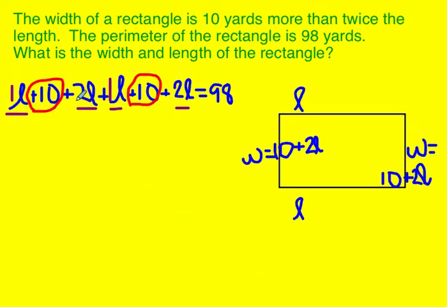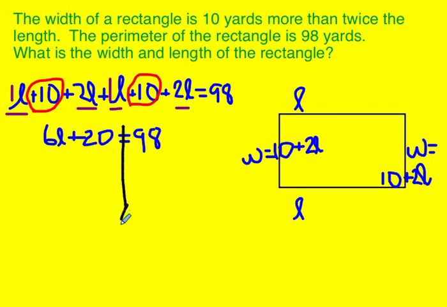That would give me 3. Plus 1 more is 4. Plus 2 more is 6. So I have 6L. 10 plus 10 gives me 20, so plus 20. And this is equal to 98. So now I've simplified this to an equation that we have the ability to solve.